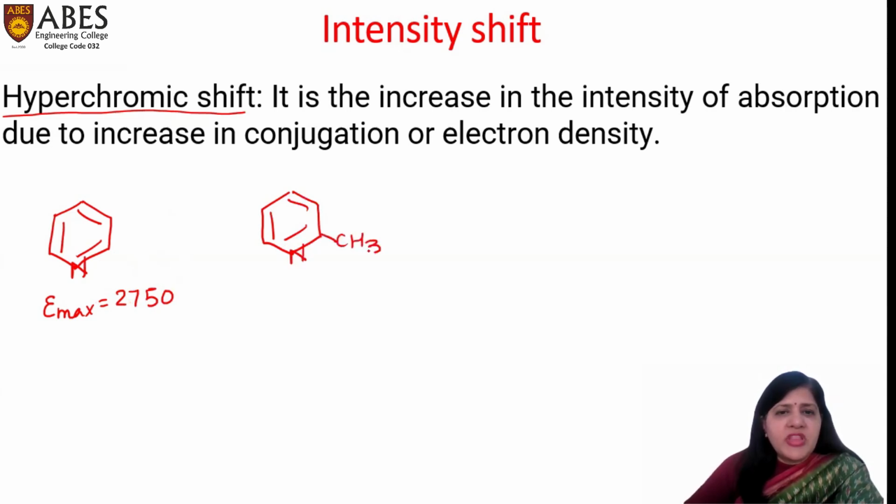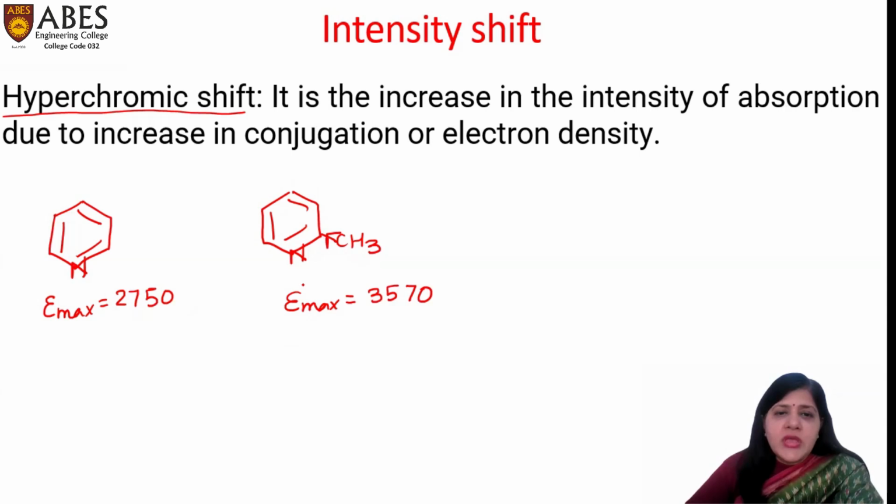In case of methylpyridine, the intensity of absorption is more as compared to simple pyridine. This more absorption in methylpyridine is due to the hyperconjugation effect of the methyl group, which is imparting more electron density to the aromatic system.